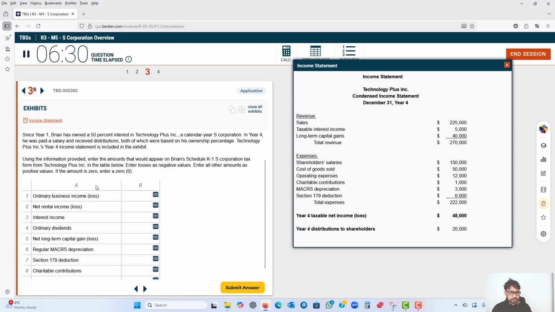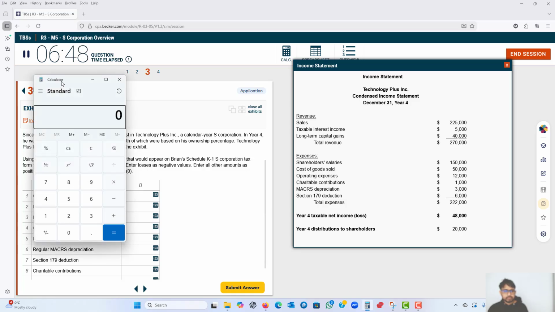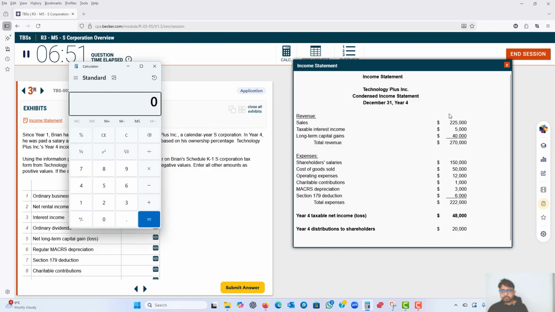So first of all, we need to calculate the ordinary business income. So here from the exhibit we can see that his total sales amount is 225,000, and if we just hit on the calculator, so his sales is 225,000, and these two are not his regular business income, so we can exclude this taxable interest income and long-term capital gain also.